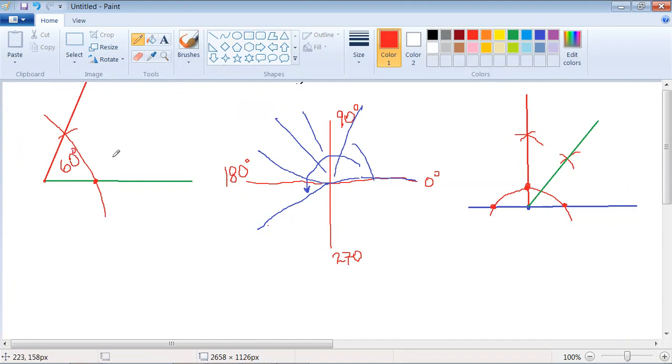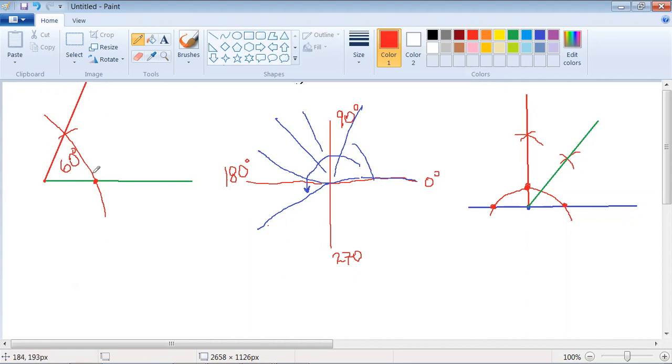If we have a 60-degree, and we want to get a 30-degree, we use the same technique that we used to bisect 90 to get 45. Same technique.